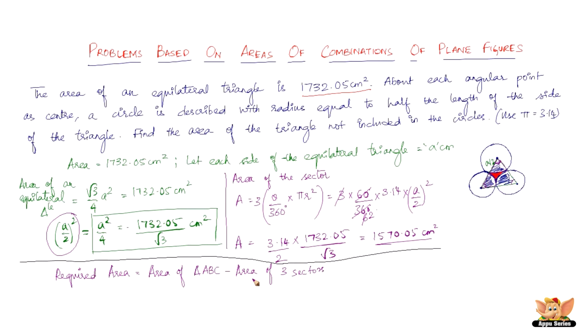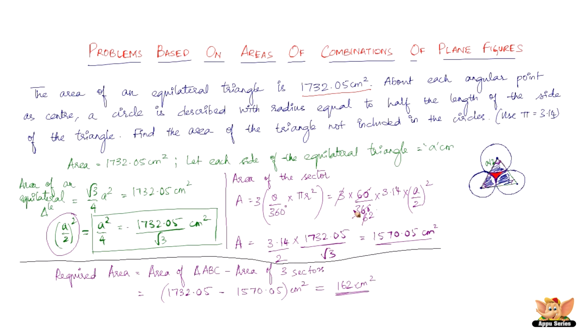So area of triangle ABC minus the area of 3 sectors, which is nothing but 1732.05 minus 1570.05 centimeters square, which equals 162 centimeters square. So the area of this small space here, which is shaded in red, is 162 centimeters square.